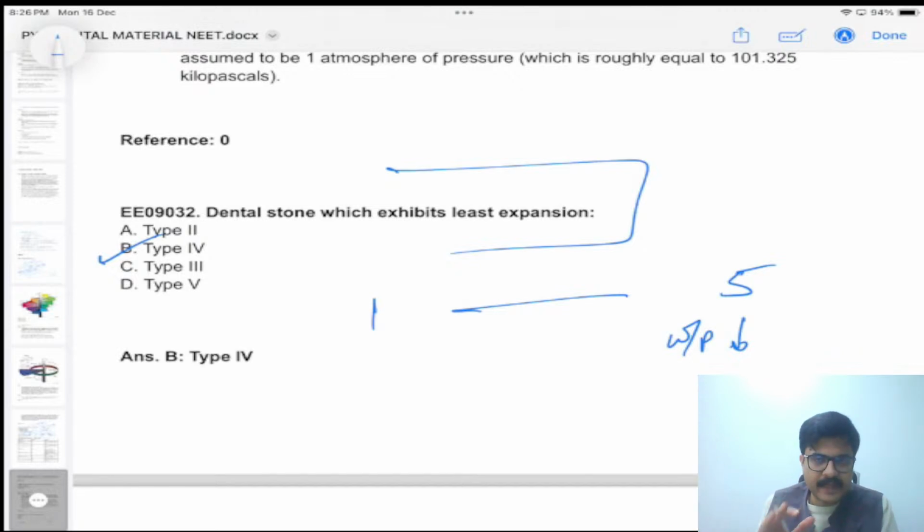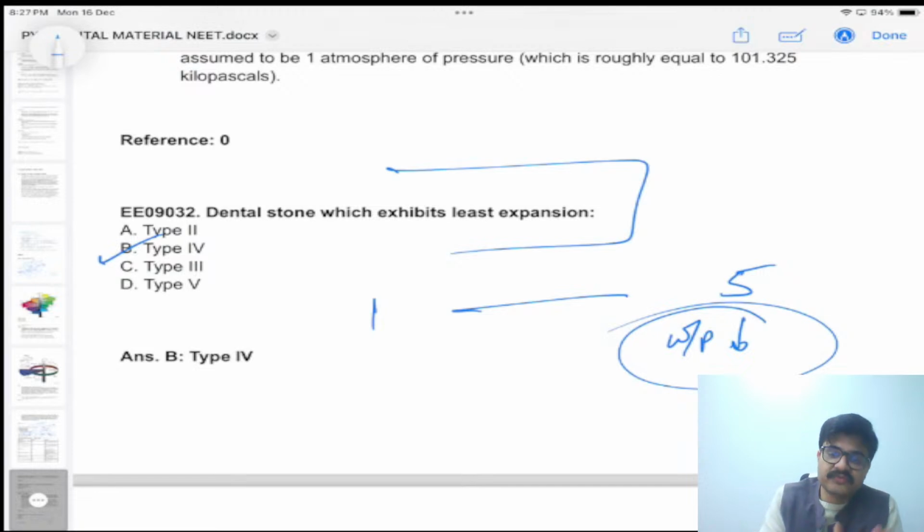Right? Isn't that so? Yes, that is true from the perspective of water powder ratio, and that is one of the very important things which determine the setting expansion. But there are other things also like the addition of chemical modifiers, accelerators, and retarders.